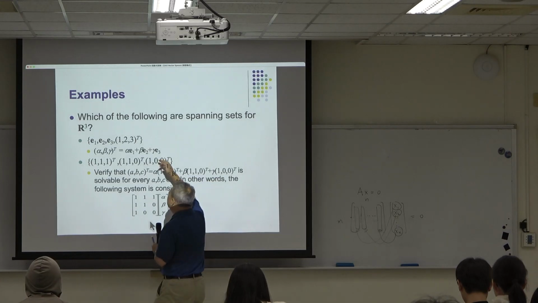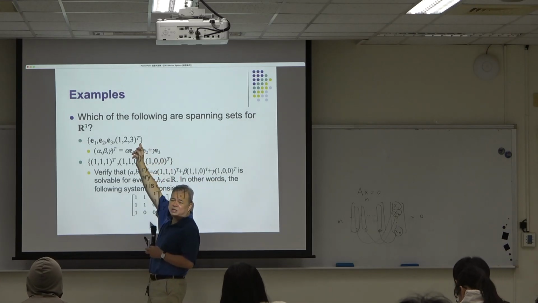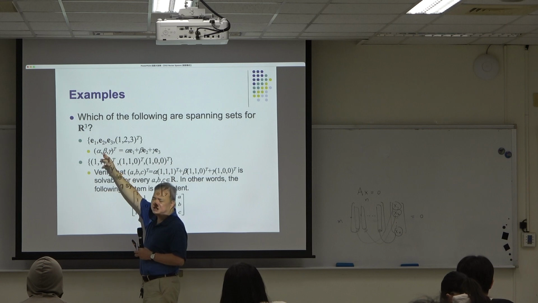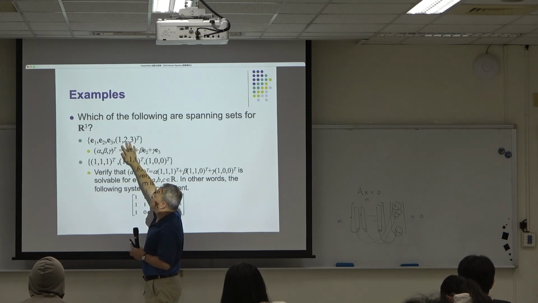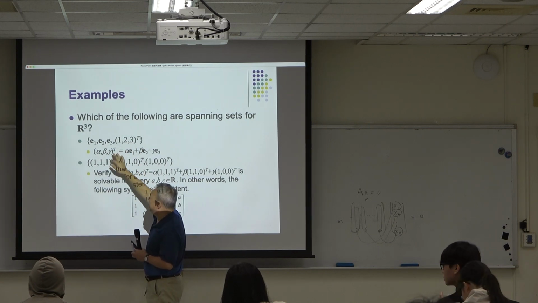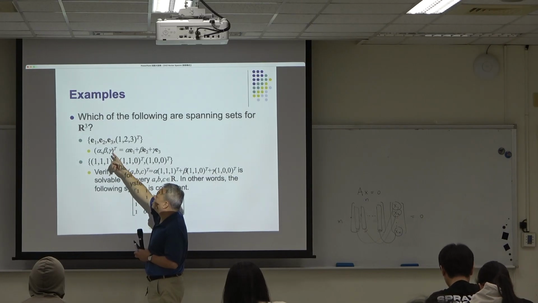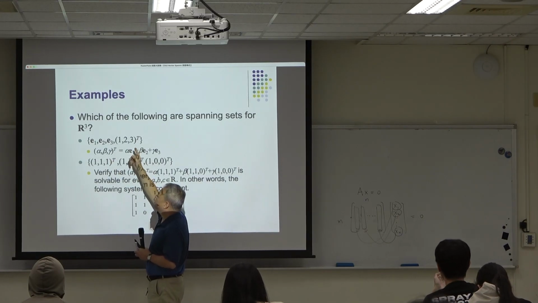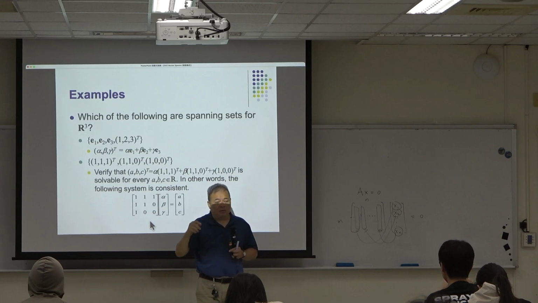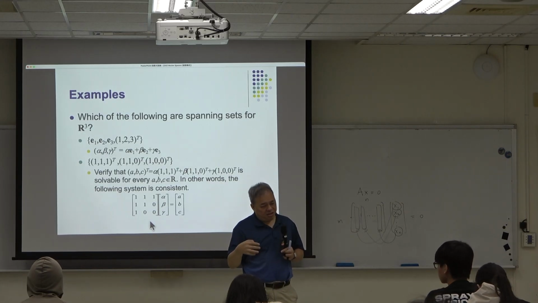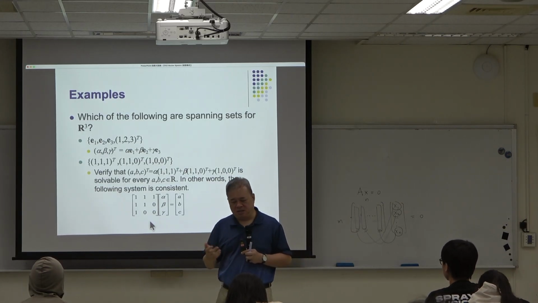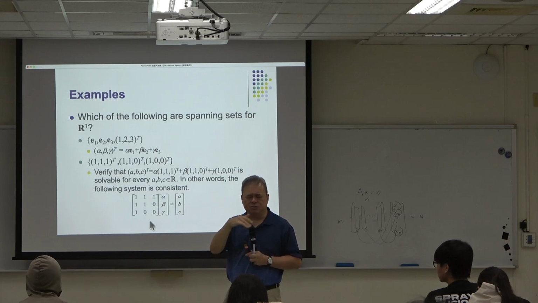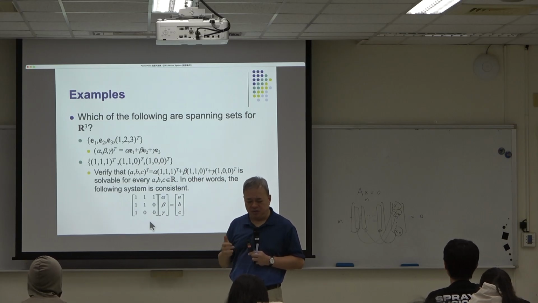Actually, it's a little bit too much. You don't need those 4 vectors. You need only 3, maybe E1 to E3. Or you can get rid of one of E1 to E3 and keep the 1, 2, 3. The reason for that, we need to prove.